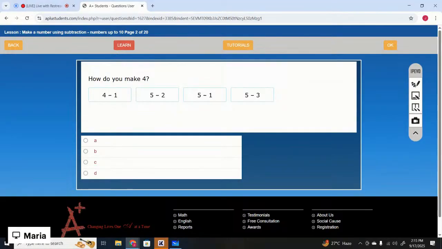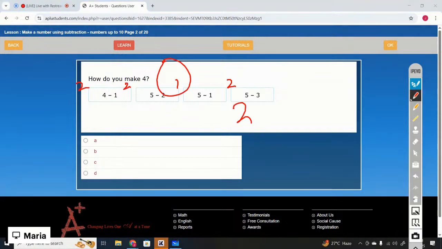How do you make 4? That is 5 take away 1.